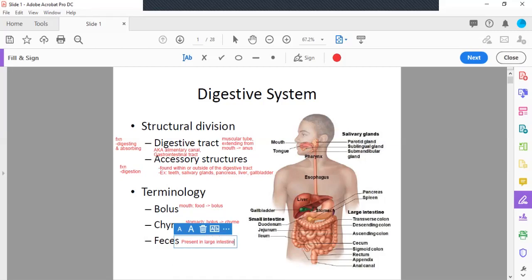The ileum is one of the three segments of the small intestine. So the last site to find chyme is in the ileum of the small intestine.